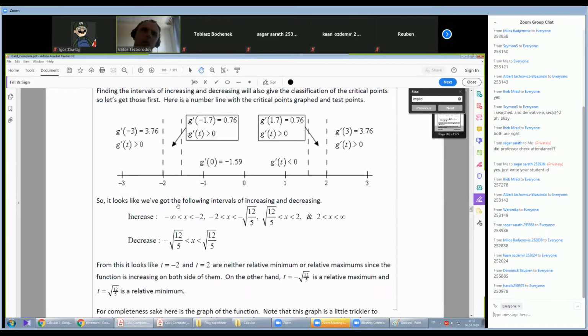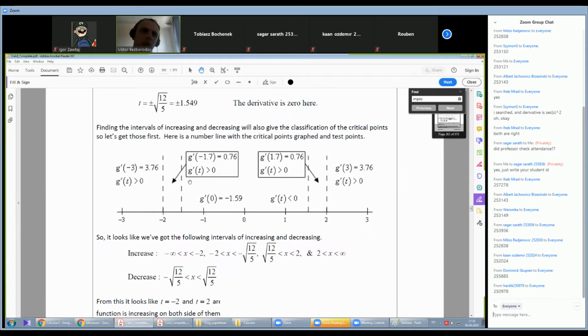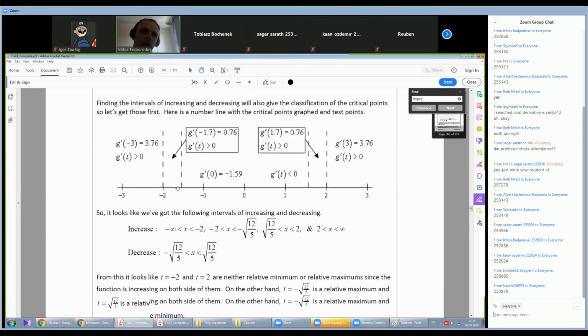Okay, so let's now think. The function is well defined everywhere because it's a cubic root. So here it's increasing, increasing, up to this point. So this must be a local maximum, right?